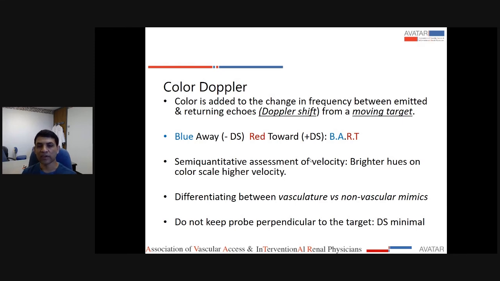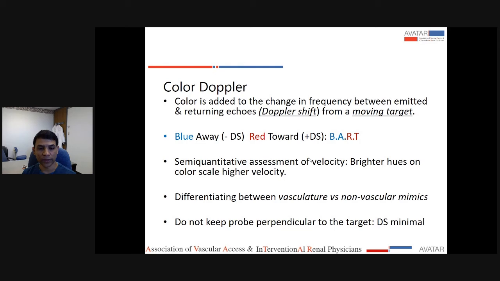So color Doppler gives us an idea of the direction of flow of blood. But besides that, it can also give us a rough idea of the velocity. There are different hues of red and blue, and based on this, we can tell the severity, or talk about the magnitude of the velocity. The important use of color Doppler is to differentiate a vascular and a non-vascular structure.